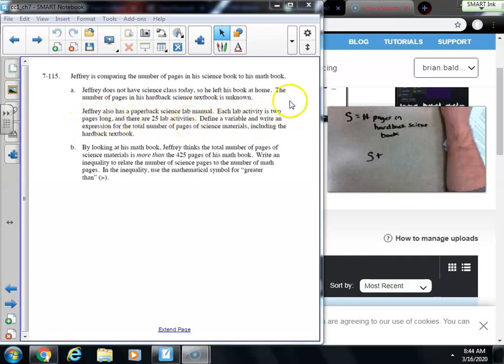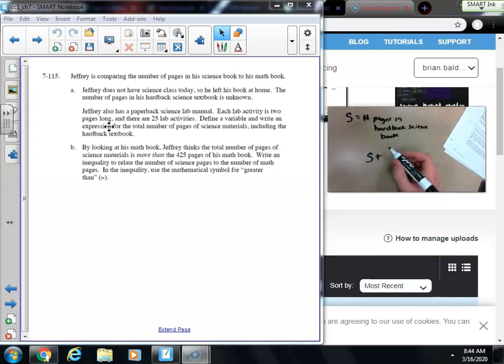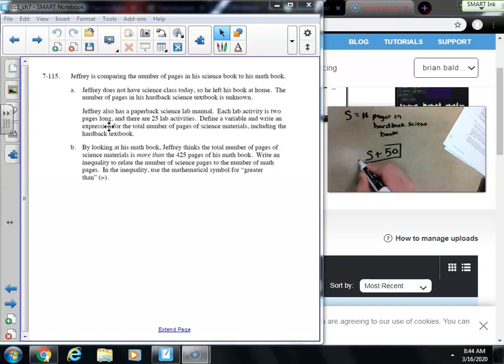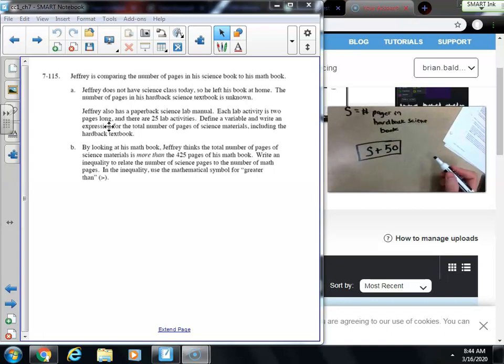So think to yourself, how many pages would that be? 2 pages long for each activity, and there are 25 activities. Well, 25 times 2 is equal to 50. So the expression S plus 50 tells us the total number of pages in his science materials: the number of pages in his hardback book plus the number of pages in his lab manual.